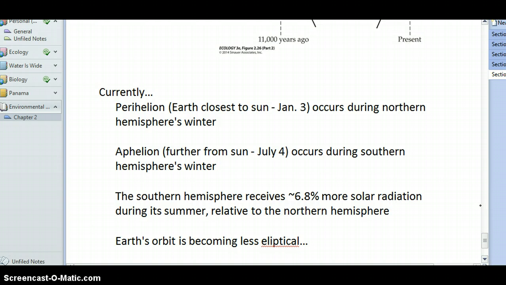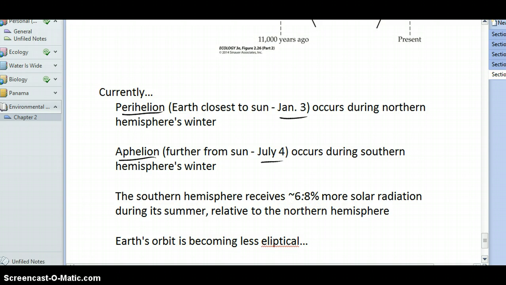Because the Earth's orbit is not a perfect circle, it's around January 3rd, during the northern hemisphere's winter, when the Earth is closest to the sun. This is perihelion. And the Earth is furthest away from the sun around July 4th, our summertime, which is known as aphelion.